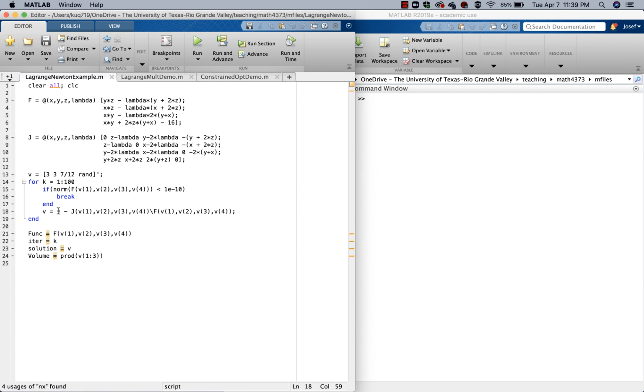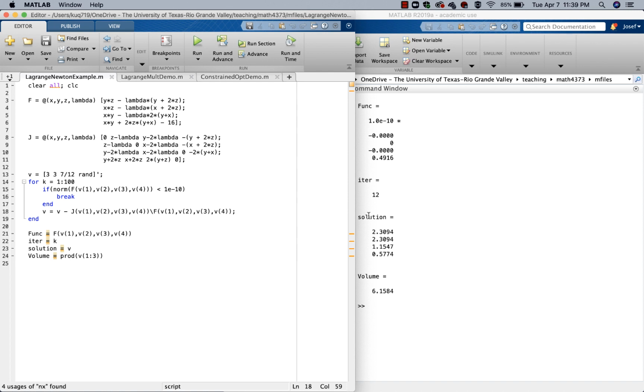And so this is going to be my starting point, and then I'm going to apply the Newton recursion. My new v equals my old v minus the Jacobian inverse times f of v. And we'll run it until we get to within 10 to the negative 10 of a root, or 100 iterations, whichever comes first. So let's run it. My function at the solution I found is, as you can see, on the order of 10 to the negative 10.